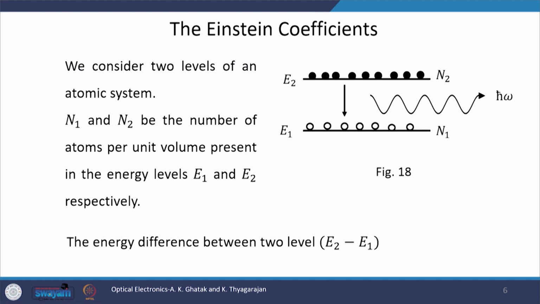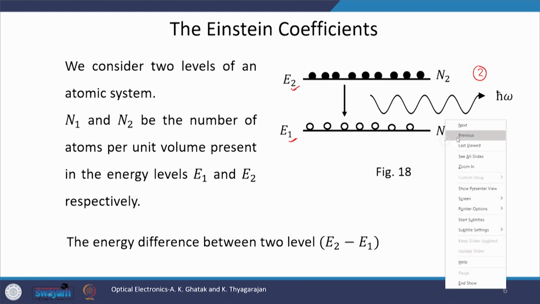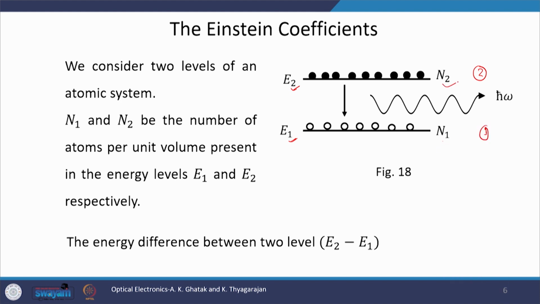Now, consider two energy levels, the energy level 1 and energy level 2. The energies of these levels are designated by E1 and E2 respectively, and the carrier densities, that is the number of electrons or number of atoms per unit volume present in energy levels E1 and E2, are respectively given by N1 and N2.